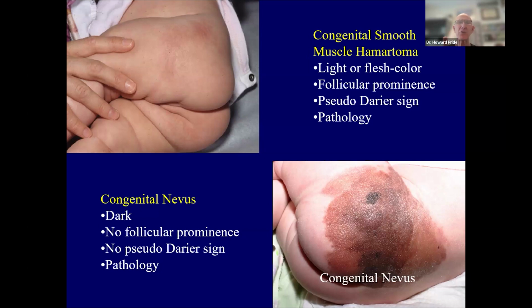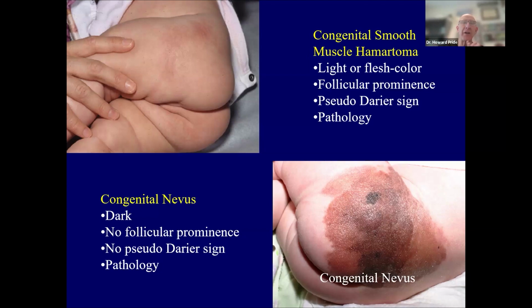But you look at the difference between this and a congenital nevus, and I've tried to take pictures clinically of kind of the same geography. So a congenital smooth muscle hamartoma is very, very light, almost flesh colored, where a congenital nevus is going to be dark, dark brown, even black. A lot of follicular prominence or goose flesh sort of texture that's not seen in a congenital nevus.